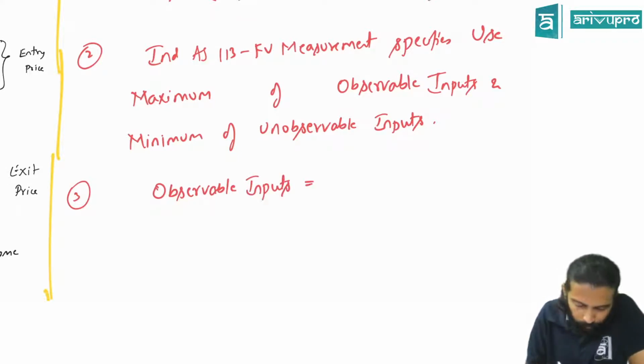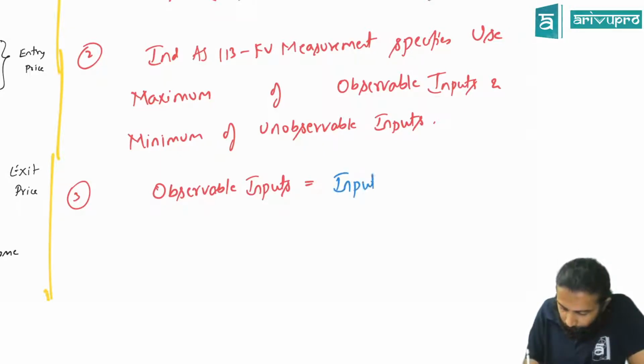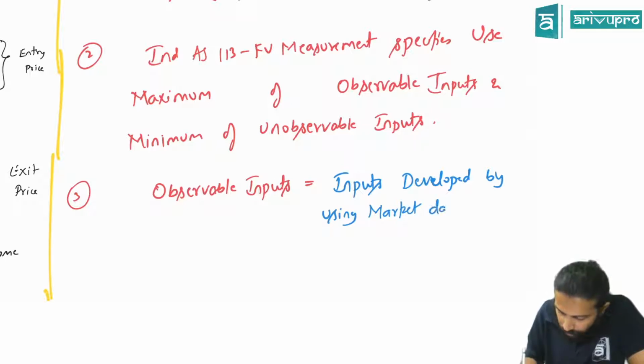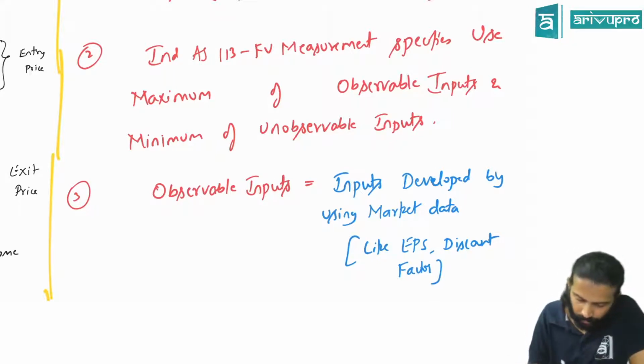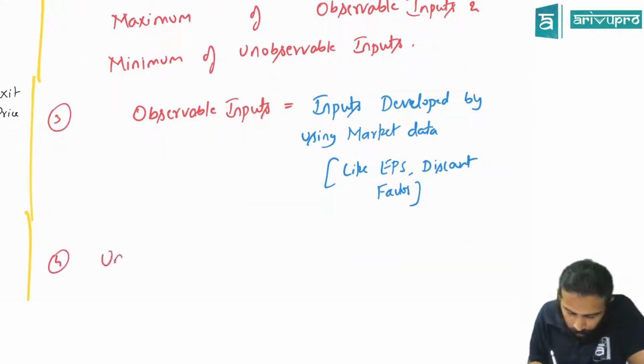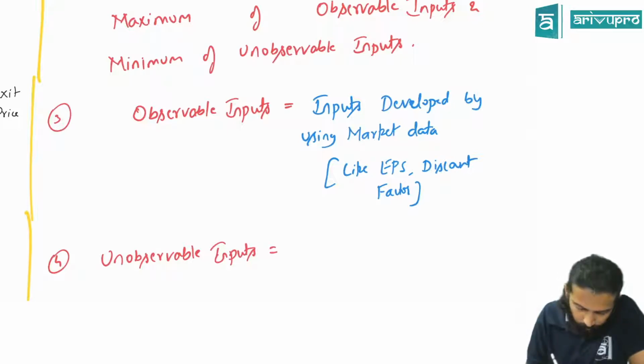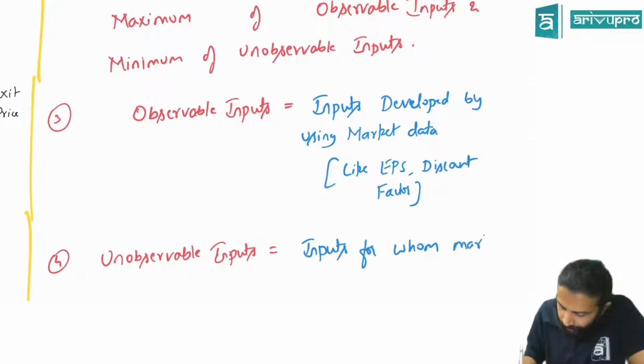Observable inputs are inputs developed by using market data, like EPS, discount factor, etc. Unobservable inputs are inputs for which market data is not available.